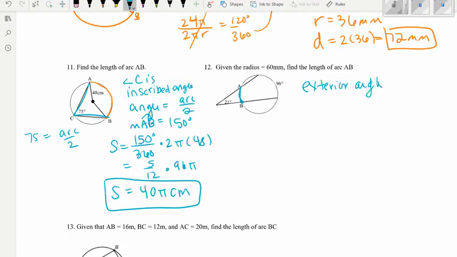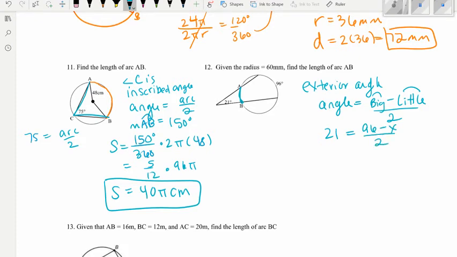So remember that the angle is equal to the big arc minus the little arc divided by 2. So in this case, the angle is 21 degrees equals 96 minus x divided by 2.